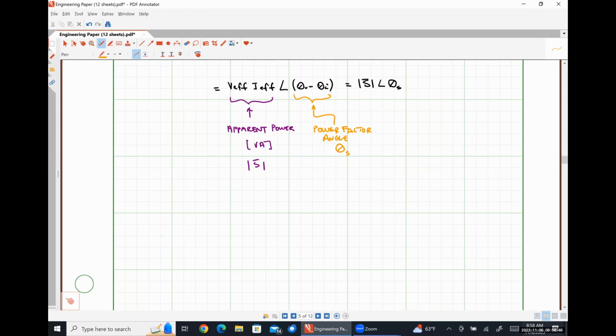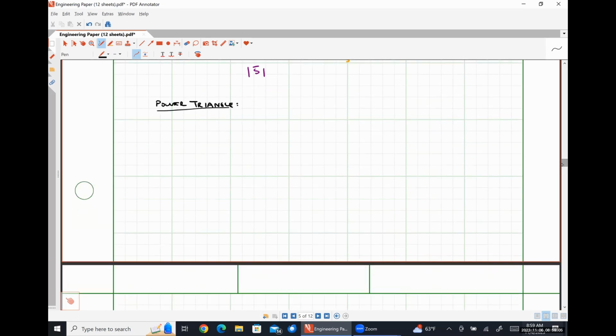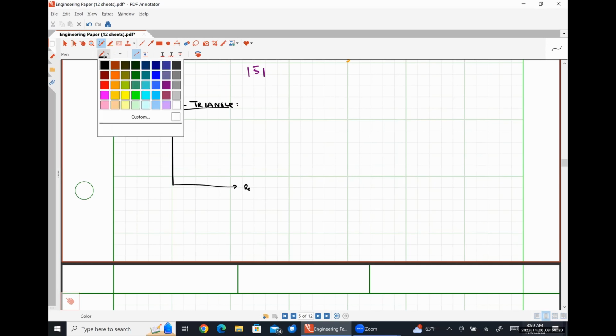These relationships are summarized in what's called a power triangle. In a power triangle, our horizontal axis is our real axis, and our vertical axis is our imaginary axis.